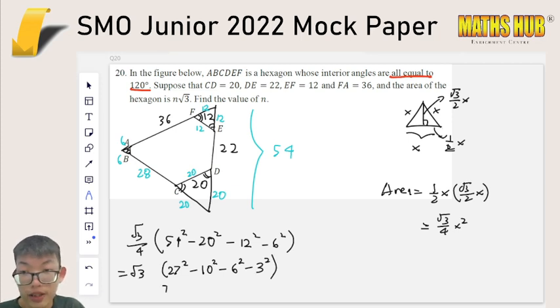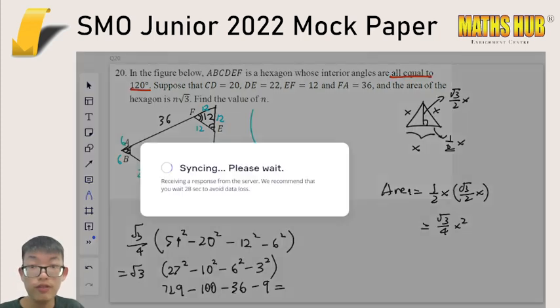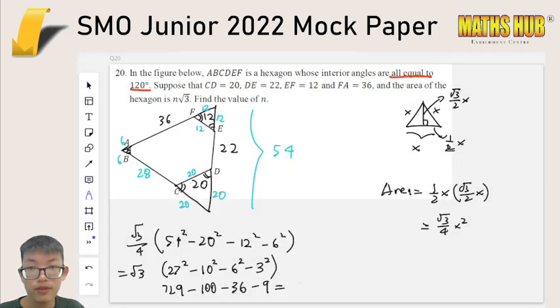This is 729 minus 100 minus 36 minus 9. So this would give you an answer of 584. Because n square root 3 is the area of the hexagon.